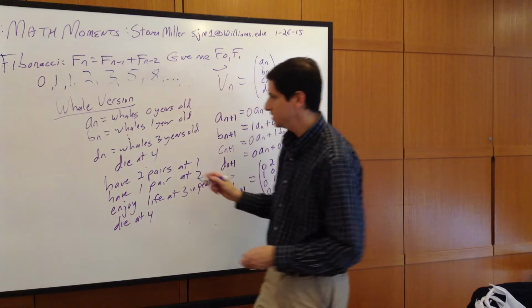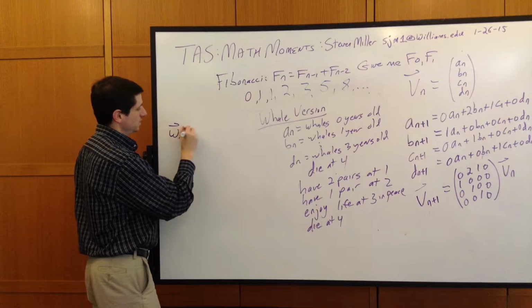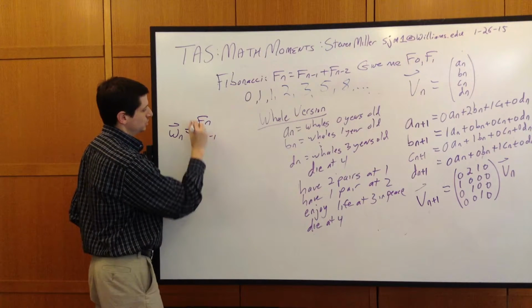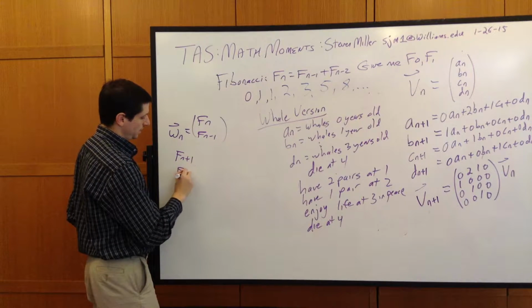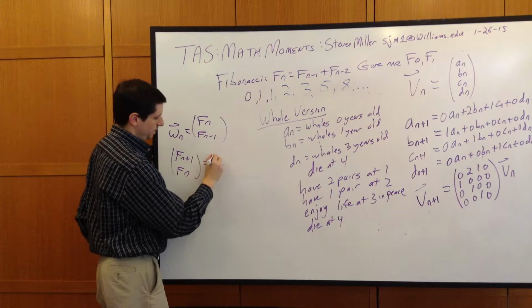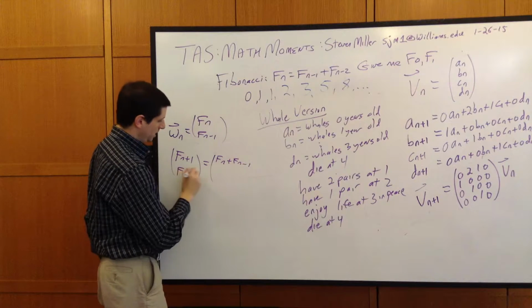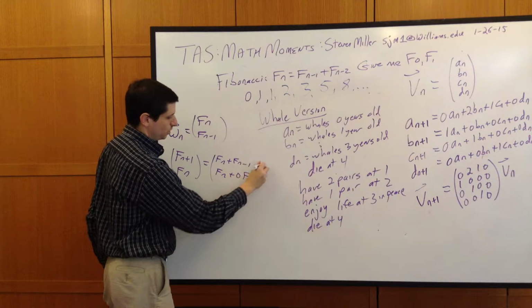For the Fibonacci numbers, let's say now we have Wn is the vector (fn, fn minus 1). So if I now have fn plus 1, that is fn plus fn minus 1. Fn is fn plus 0 times fn minus 1.